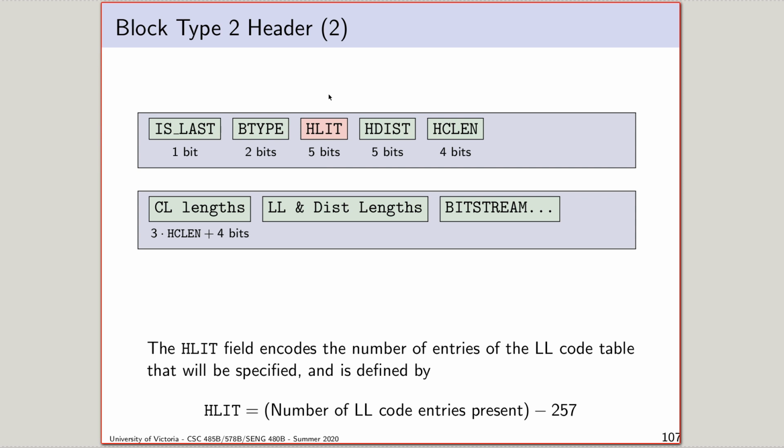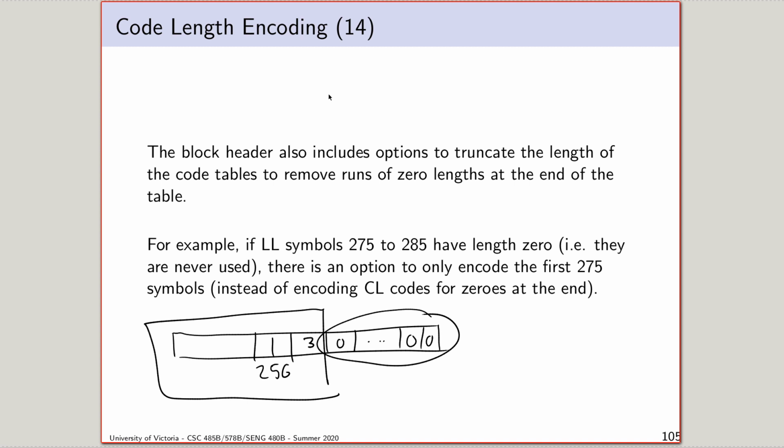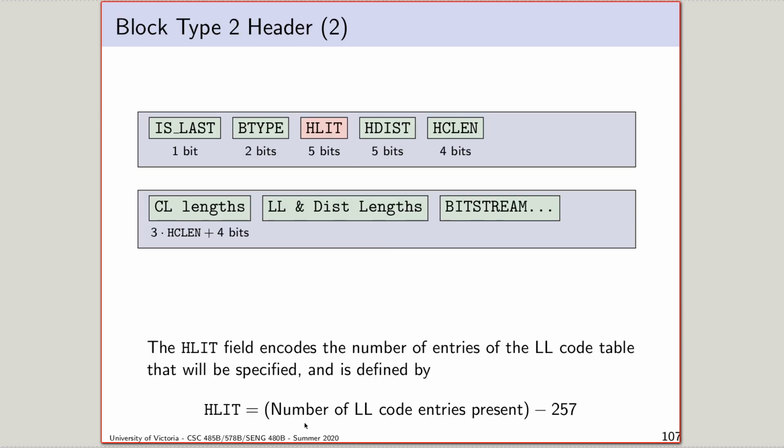So hlit is the number of LL code entries that you've chosen to encode. So I just mentioned that you can choose to only encode, here's index 257. If I'm only encoding up to and including index 257, I'm only encoding 258 entries. So what I'll do is I'll set hlit to be the number of total codes present, in that case it was 258, minus 257.